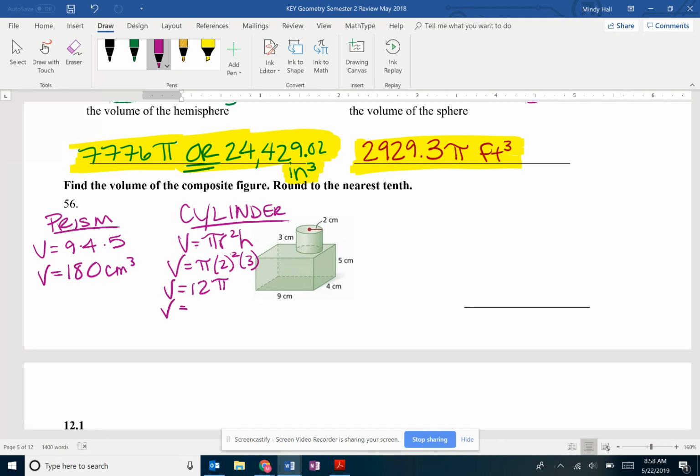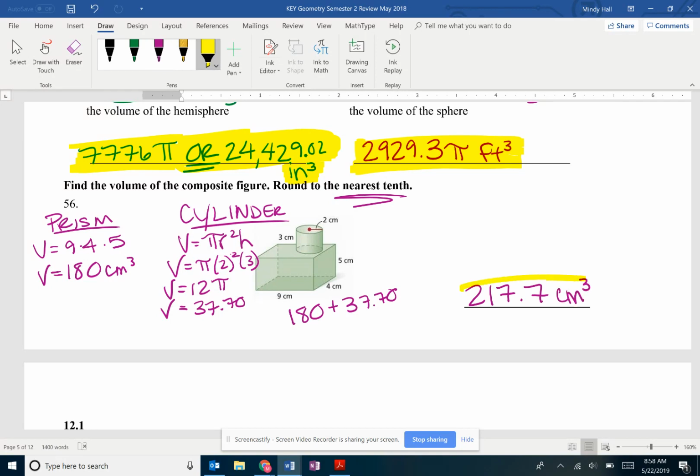Oops, wrong button. 37.699, so 37.70 is what I would round it to probably. So then when you add that to 180, that would give us 217.7, and only put 0.7 because it's nearest tenth. So then this is centimeters cubed because again, it is volume.